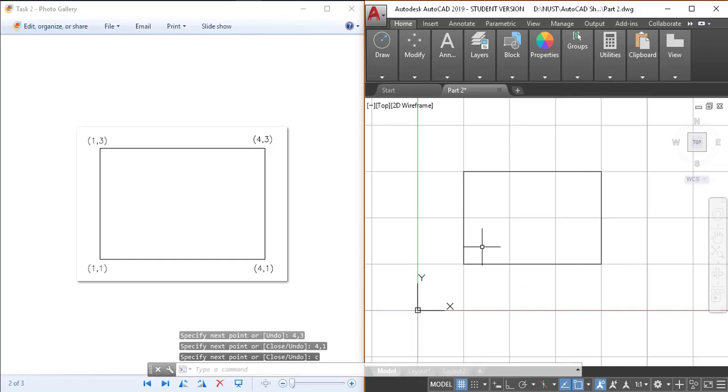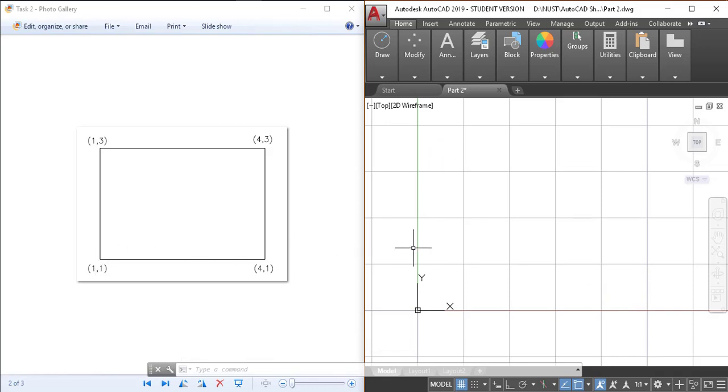If we want to do the same in the relative coordinate system, the start point will always remain the same, which is 1, 1. So we will start our line command and type 1, 1. But now in the relative coordinate system, we have to see where we want to go and what's the difference between the end point and the start point.